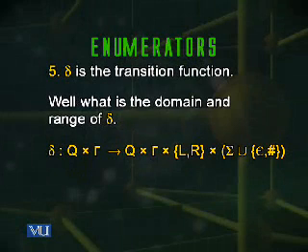Well, first of all, it has to decide what symbol it will replace the current symbol with. The second thing it has to decide is what will be its new state. The third thing it has to decide is whether it will move left or right on the work tape. So, the range of this function is going to be Q, which will specify the new state, cross gamma, which will specify the new symbol to be written, cross L or R. This completely determines what one of the heads does.